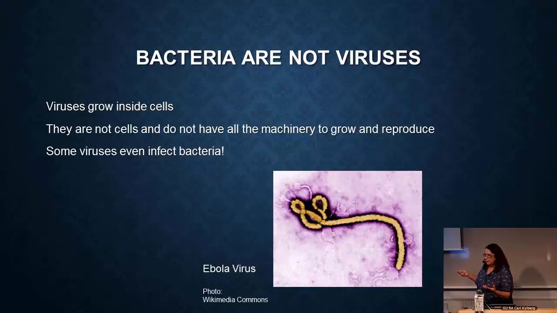They have to infect another cell and then amplify themselves, and then they can go out and infect another cell. They're not cells. They don't have all the machinery to grow and reproduce. And in fact, you'll hear at the end of my section that some viruses actually infect bacteria. So there are viruses that are specific for bacteria.